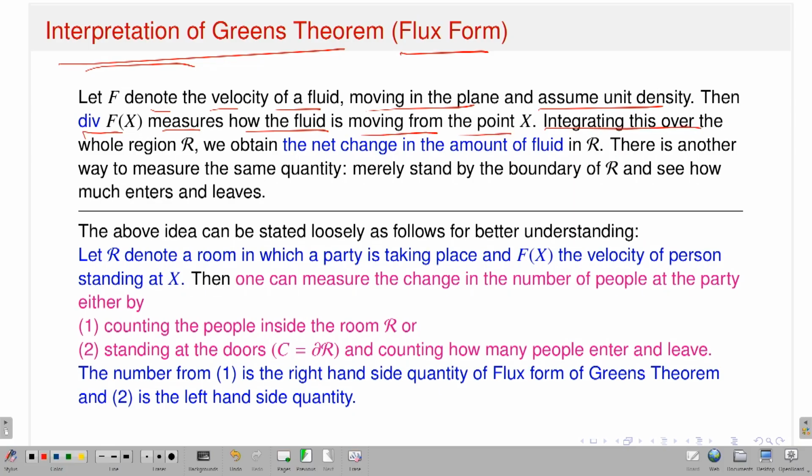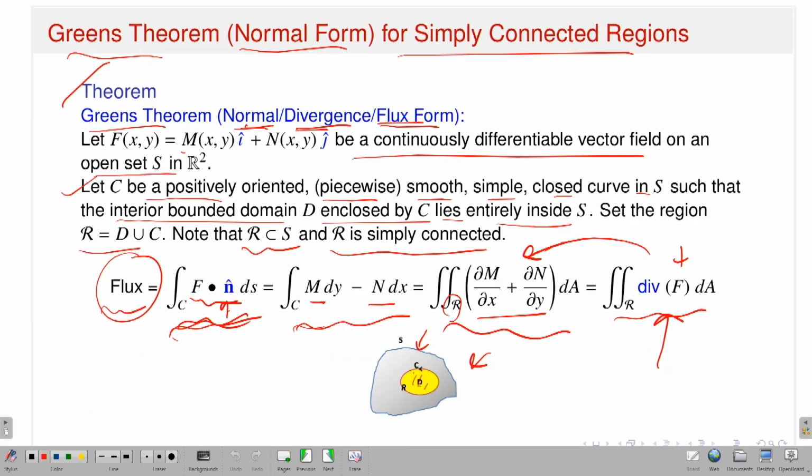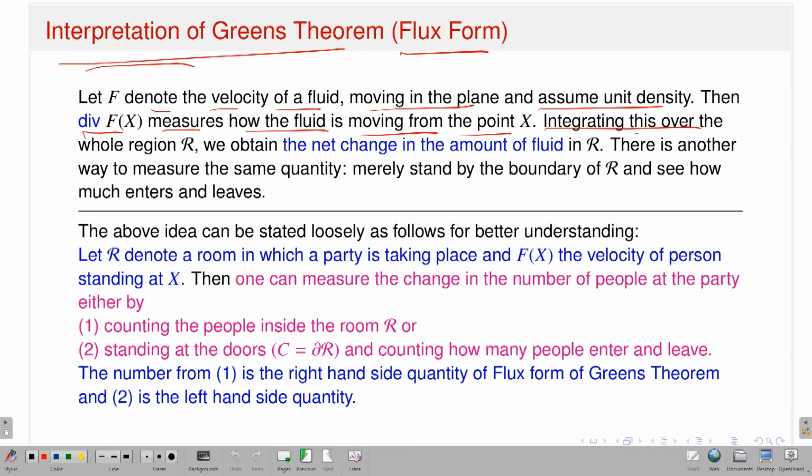Now, what I am doing is integrating the divergence over the region R. So that's what it says: integrating this over the whole region R, we obtain the net change in the amount of fluid in the region R, and there is another way to measure the same quantity. What is that? Merely stand at the boundary of R and see how much enters and leaves.